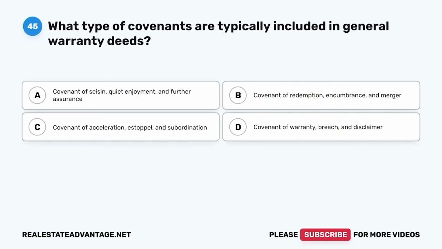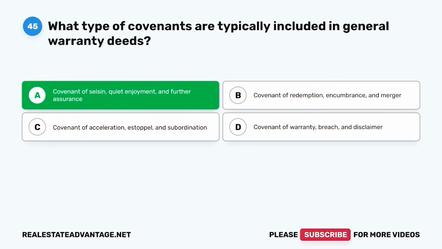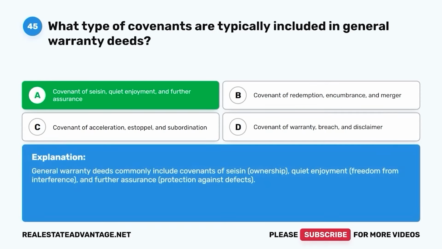D. Covenant of warranty, breach, and disclaimer. The correct answer is A. General warranty deeds commonly include covenants of seisin, ownership, quiet enjoyment, freedom from interference, and further assurance, protection against defects.